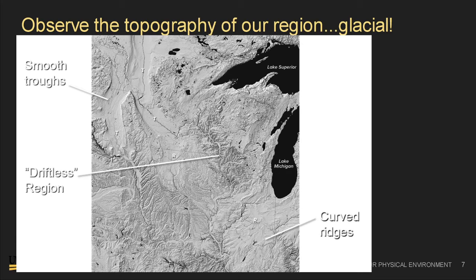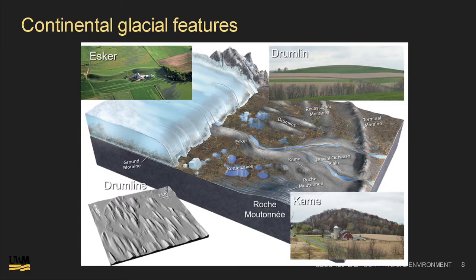glaciation event. And in that area of our state, we see glacial features, continental glacial features, like eskers, drumlins, kames, kettles.